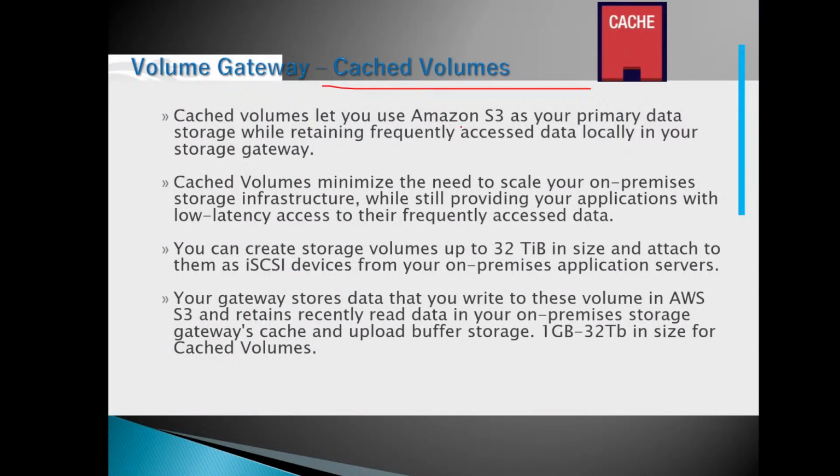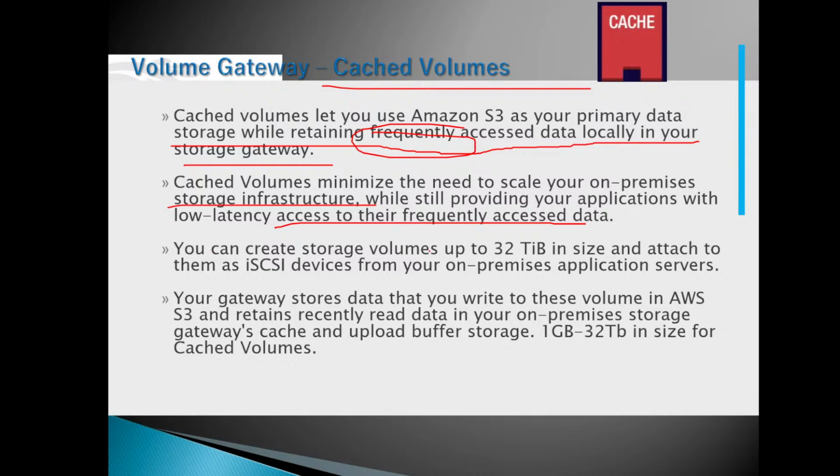So cache volume will let you use S3 as your primary data storage while retaining the frequently accessed data locally on your gateway. So frequently accessed data रहेगा बस. But just like in Google Photos, you have only the last 30 days photos in your mobile, all are backed up to the cloud. Cache volume minimizes the need to scale your on-premise storage infrastructure while still providing your application with low latency access to the frequently accessed files.